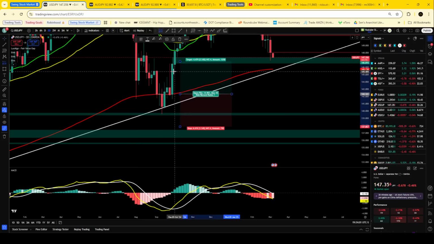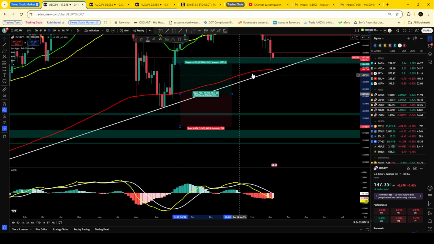And if you would have gotten in, that would have been almost 3%. And then on top of the leverage that you use, that can easily be 30% using a 10x leverage.